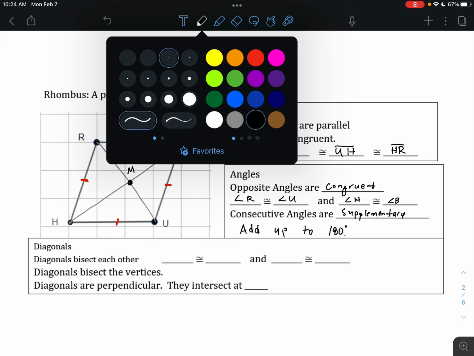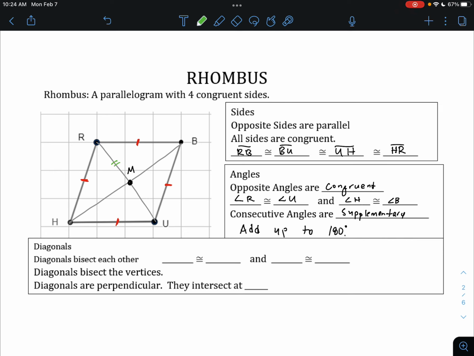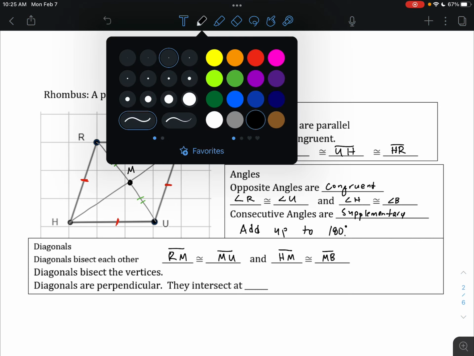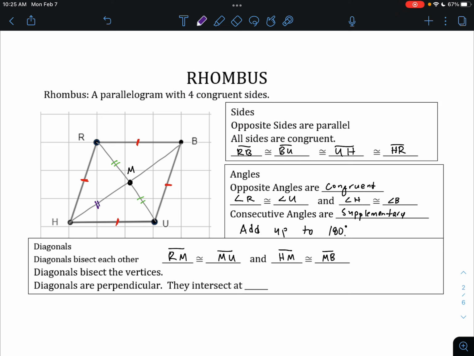So RM and MU are the same. They're congruent. RM is congruent to MU. And what is HM congruent to? Go ahead and fill that in. HM should be congruent to MB. They're the 2 halves of our other diagonal.